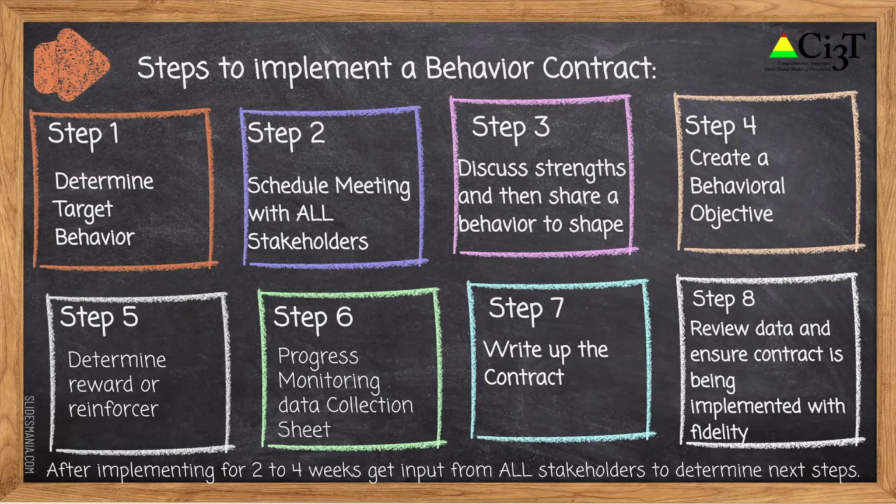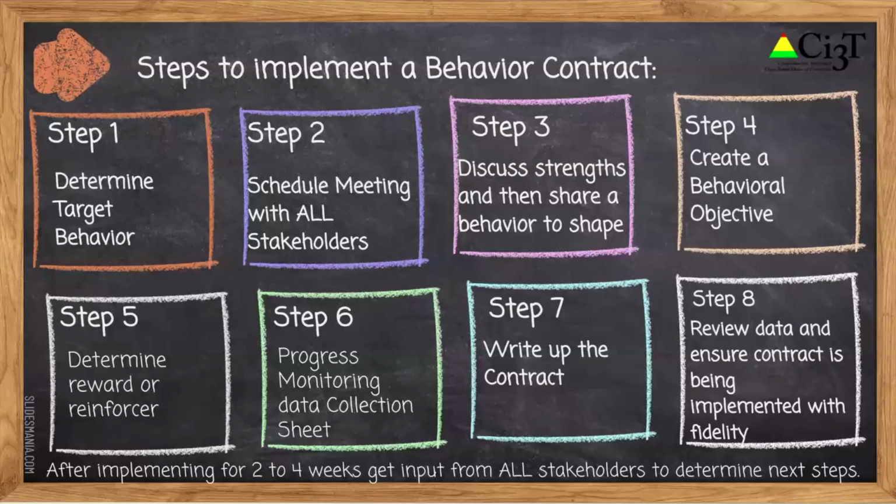Do we discontinue it? Sometimes we have goals for our students and they meet those goals rather quickly. So we can discontinue that behavior contract and then address another behavior. Since a behavior contract worked with this one, let's give it a shot with another behavior that's concerning and see what happens there. So look at progress monitoring and data collection sheets.